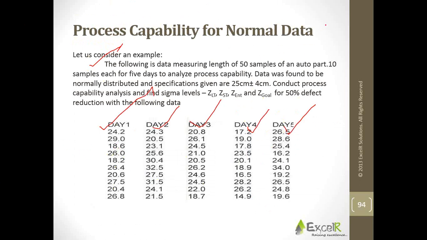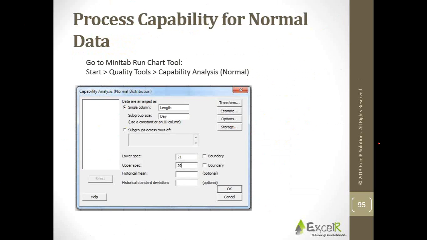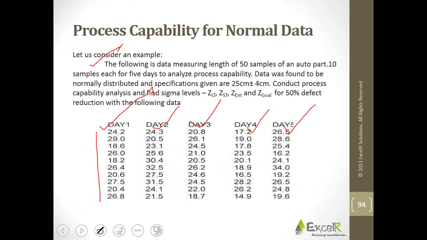If you calculate, there will be 50: 10 samples each for 5 days, captured to analyze the process capability. The data was found to be normally distributed and the specifications given are 25 plus or minus 4 centimeters.